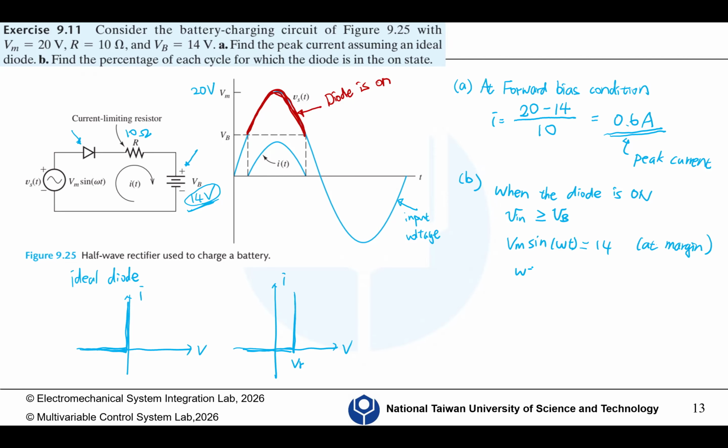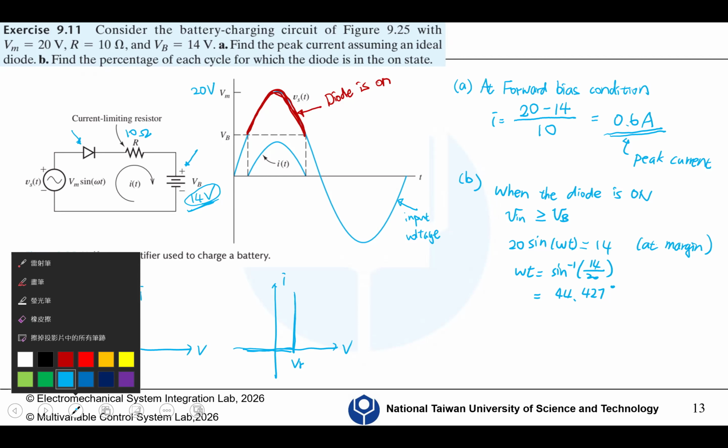We have omega t equals arcsine of 14 divided by 20, where Vm is 20, which is 44.427 degrees.